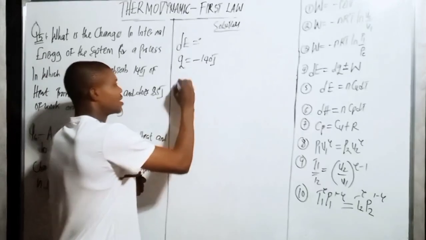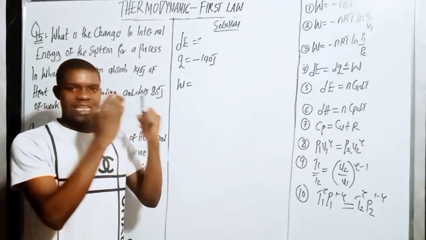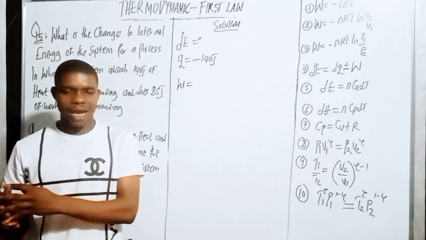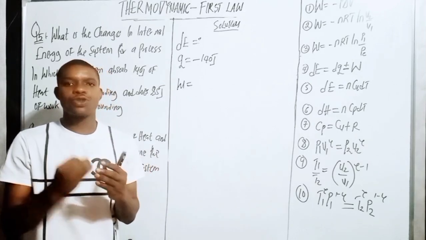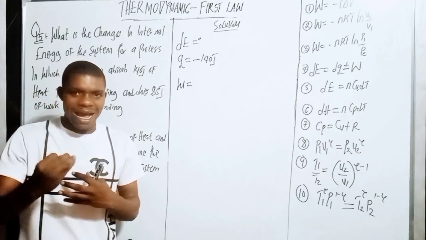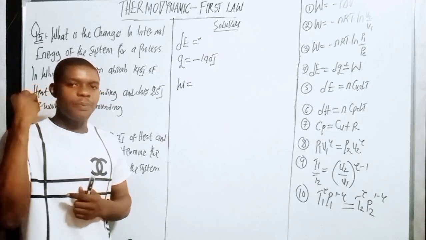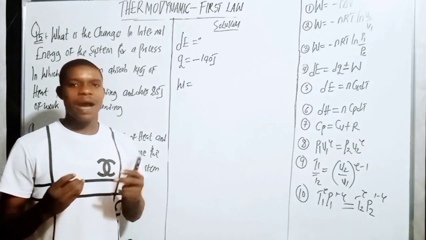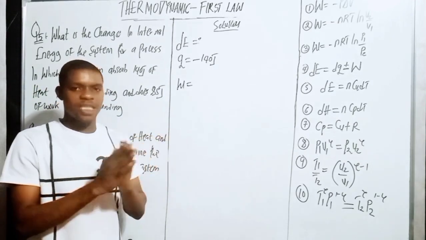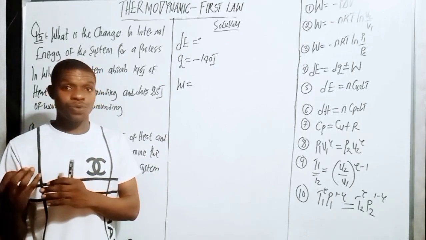So W. Now remember, work can either be expansion or compression. When we talk about expansion, work is done by the system. So that is called expansion, work done by the system. And when work is done by the system, it's called expansion, and the work is always negative.